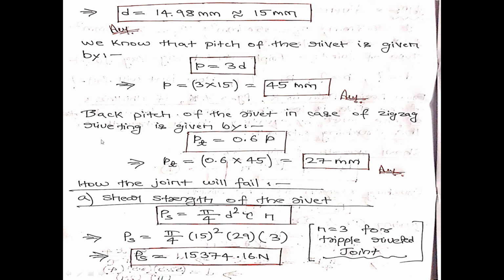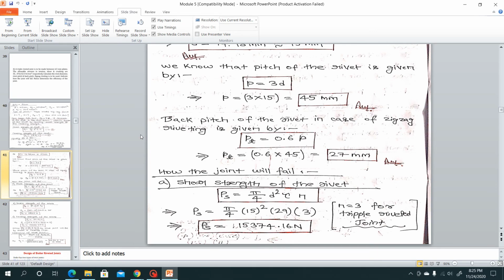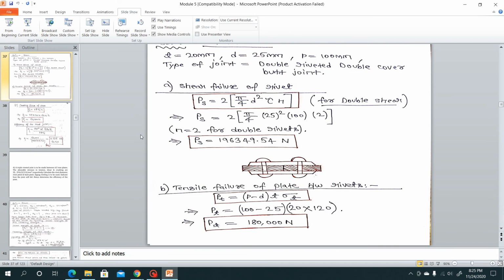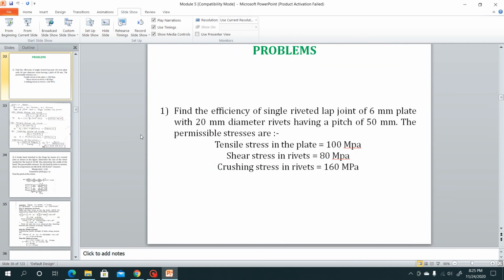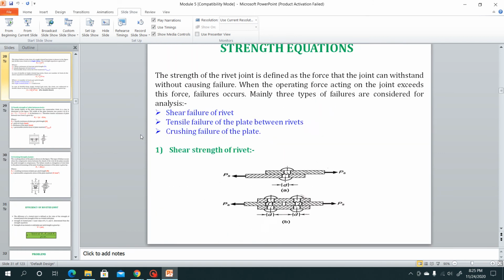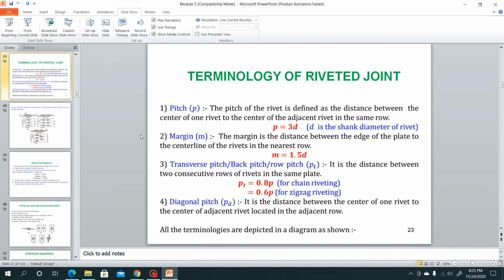Third part is you need to find out the back pitch of the rivet in case of zigzag riveting. If you recall, a few classes back when I was discussing the terminologies of rivet, I told you that the back pitch or transverse pitch or row pitch for zigzag riveting is how much?